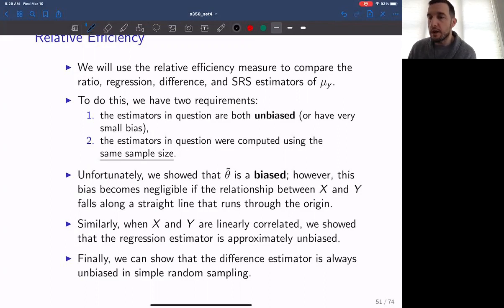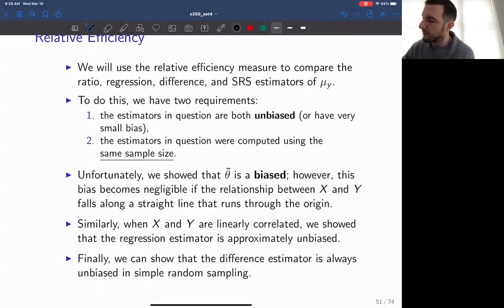Similarly, with the regression estimator, it is approximately unbiased, but we require that there is a strong linear correlation between X and Y for it to have a negligible bias.